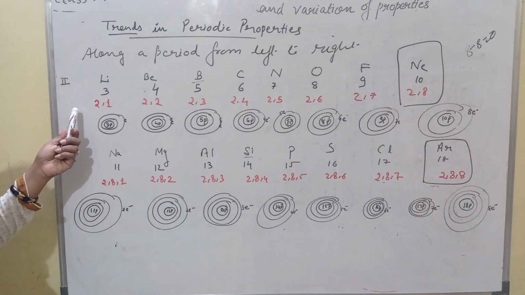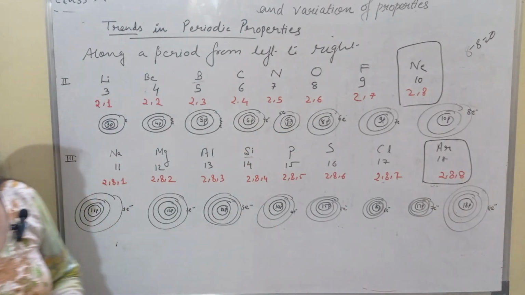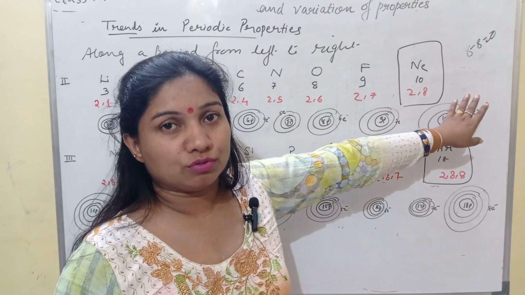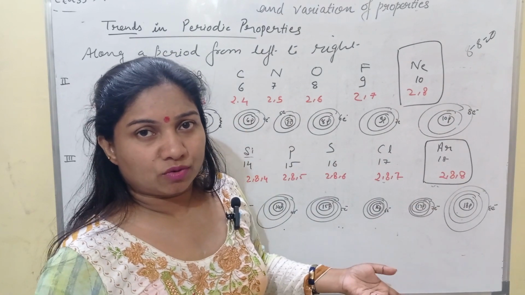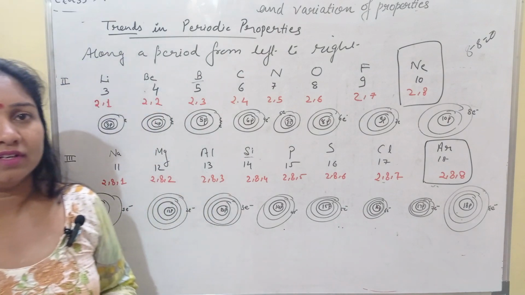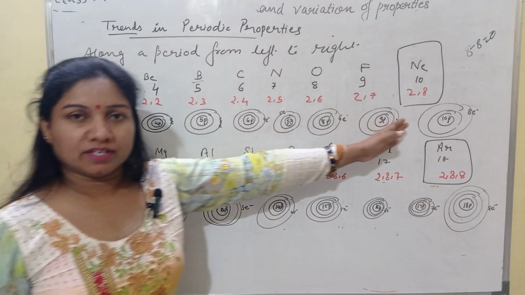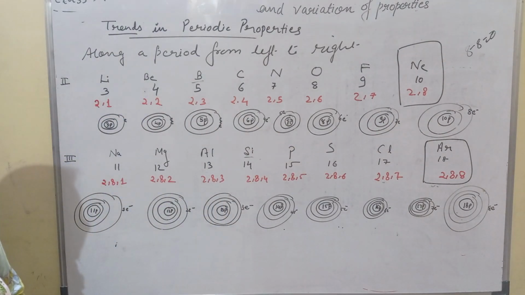Electron affinity: according to the trend, the value of electron affinity is also increasing as we move along the period, but suddenly it decreases when we come to noble gas. Why? Because it will not accept electron. Its tendency to accept electron is negligible. So the value of electron affinity suddenly drops here in case of noble gas. Electronegativity is also the same.